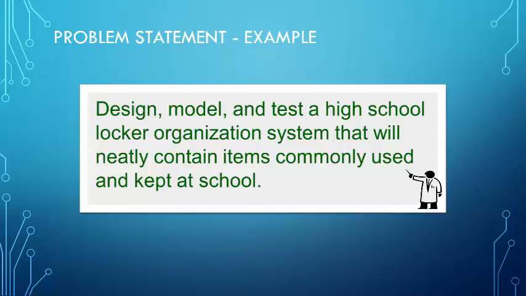Now, what you'll notice is that there's no mention of the actual product that's going to be made. It's just a statement saying what you want out of designing a solution, but it doesn't actually get into the actual details of that solution.